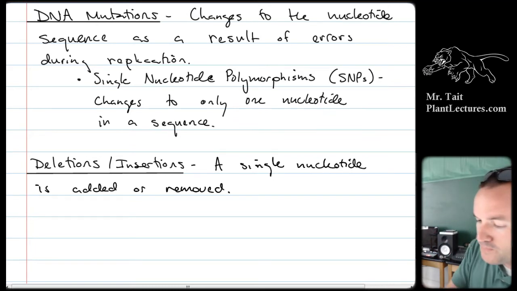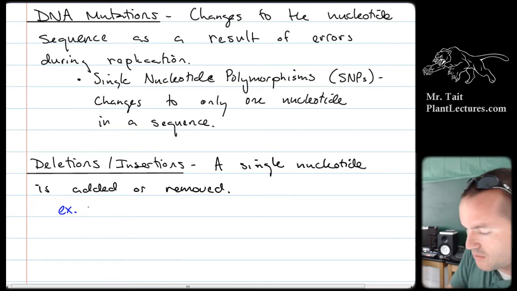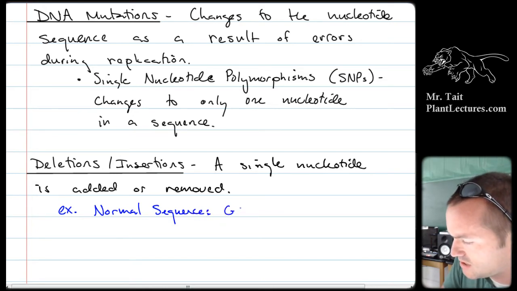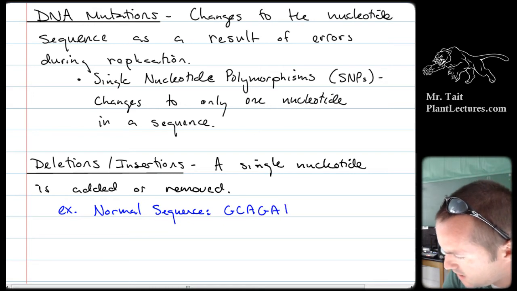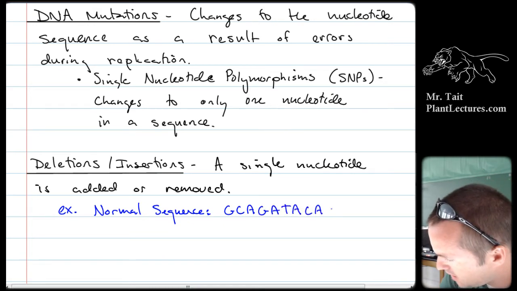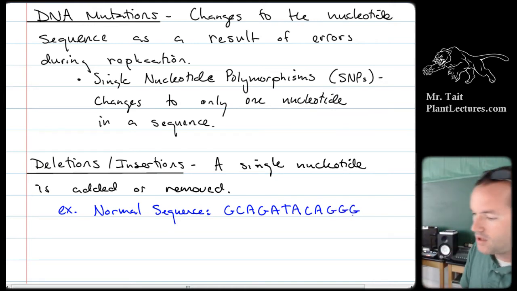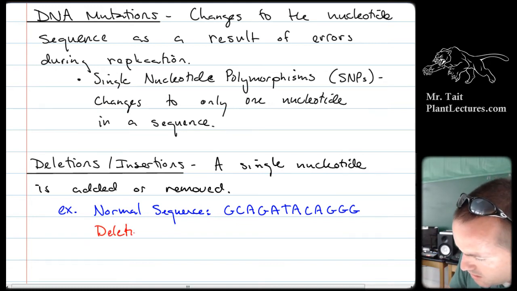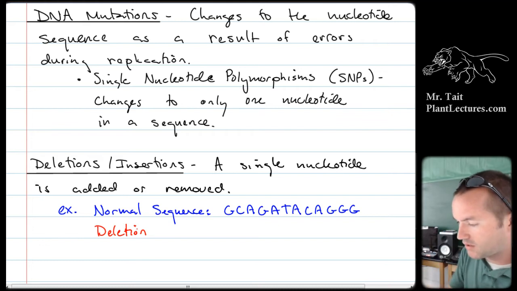Okay, so let's do an example here where we put in a normal sequence. In our normal sequence, let's say it's GCA, GATACA, GGG, or something like that. Okay, so for our deletion sequence, let's say for the purpose of this, we're going to delete this A here from the first codon.